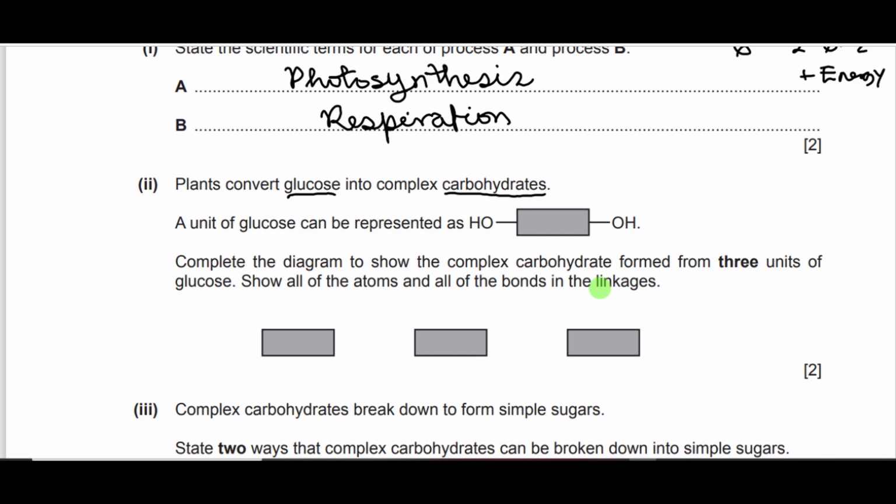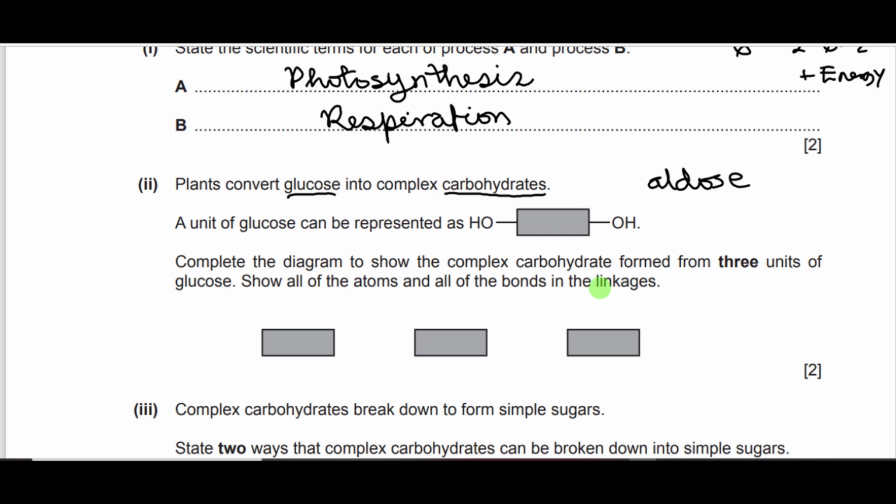Fine. So we are told that the unit of glucose can be represented like this. Glucose belongs to what we call the aldose family, more or less like the aldehydes with hydroxyl groups.